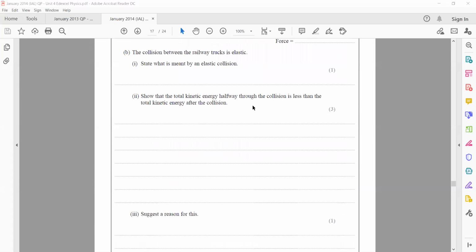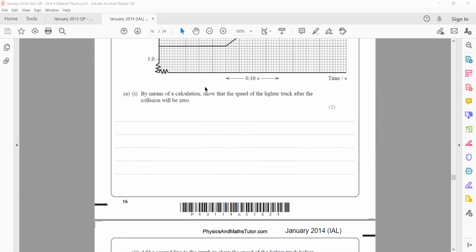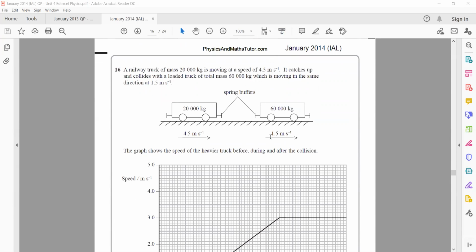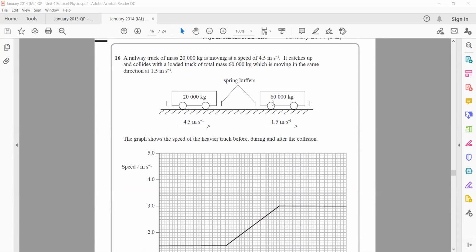Suggest a reason for this. What could be the reason? Why is the kinetic energy in between not the same as the kinetic energy after?